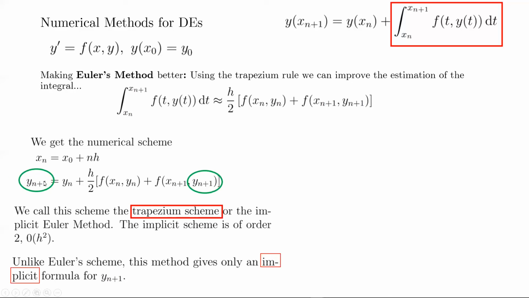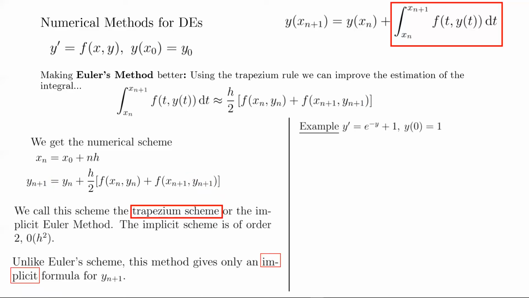But y of n plus 1 doesn't just appear on the left-hand side now, like it did with Euler's method. It also appears on the right-hand side because we have to evaluate this function f at y of n plus 1 as well. So we kind of get this circular argument where we're trying to find y of n plus 1, but to find y of n plus 1, we have to know y of n plus 1.